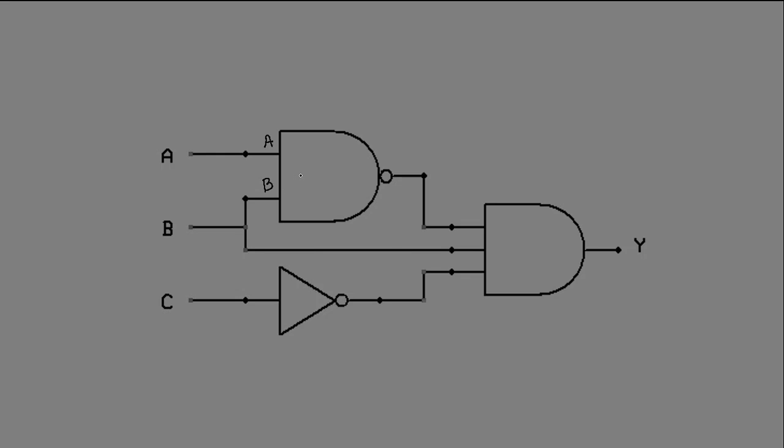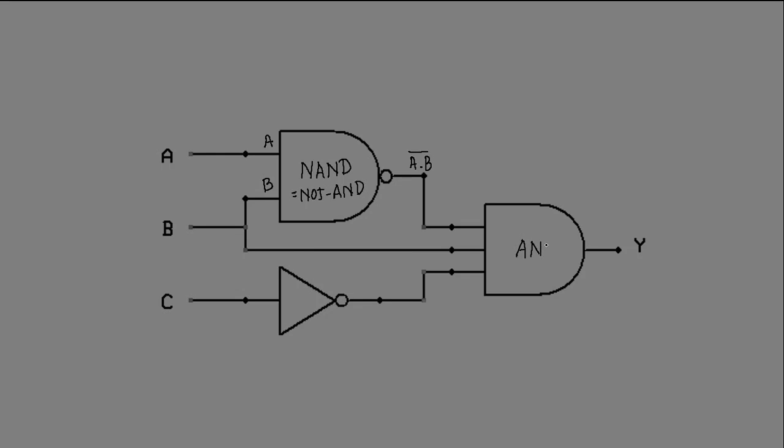These two are given to a NAND gate, so the NAND gate's output is NOT AND. This NAND gate is equivalent to NOT AND. So the AND gate's output would have been A dot B and its complement, so the output of this will be the complement of A dot B, which will be acting as one of the inputs for this AND gate.